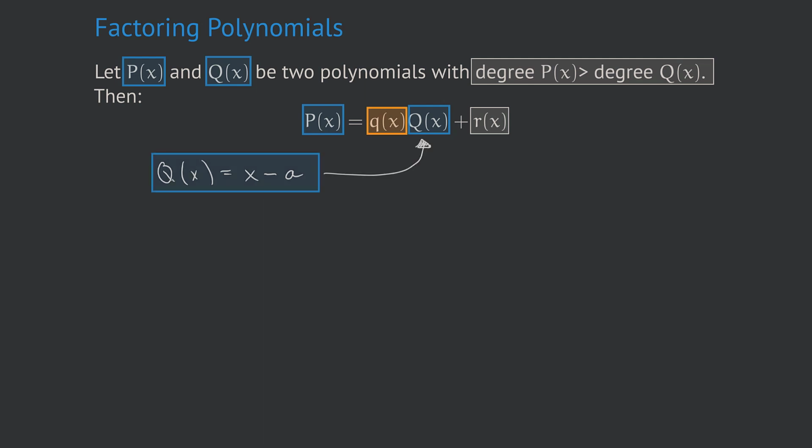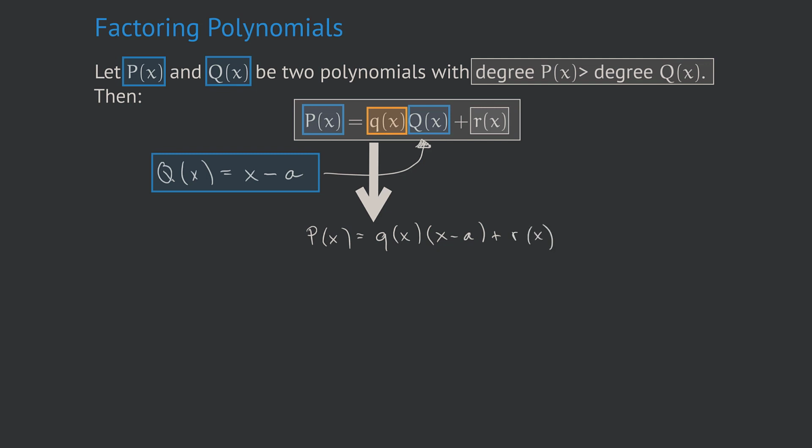So that general equation is turned into a special version, which is p of x equals small q of x times x minus a plus r of x. We say that the polynomial x minus a is a factor of p of x, well, if the division works out without a remainder. That means if r of x is equal to 0.